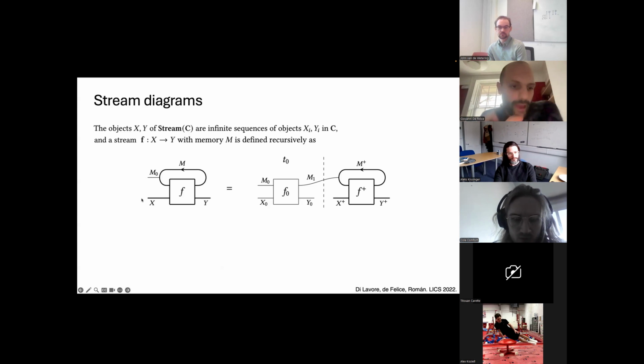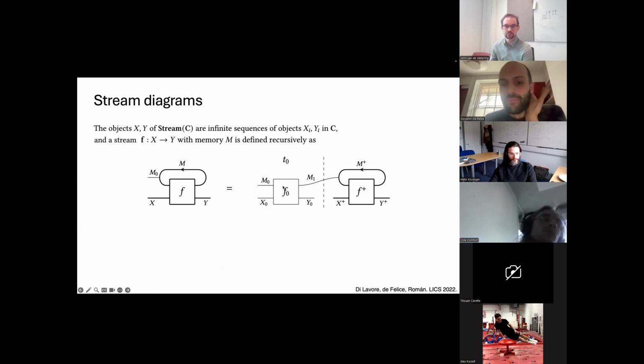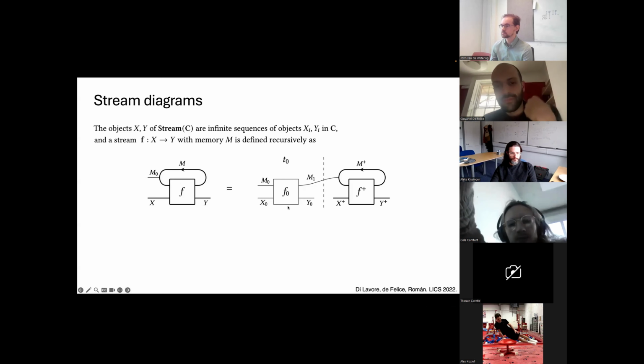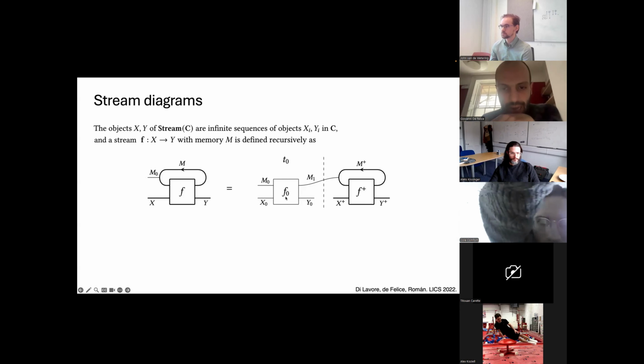And the stream from X to Y with initial memory M0 is going to be defined by some process for now, an action at time step 0 that takes the initial memory and the initial input and gives an initial output and a new memory. And then this memory is fed into a stream process on the tails.